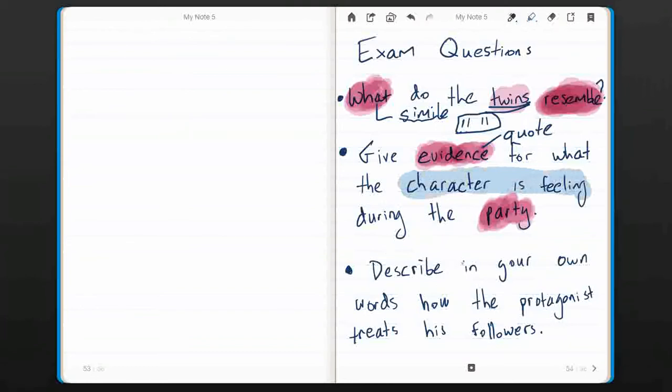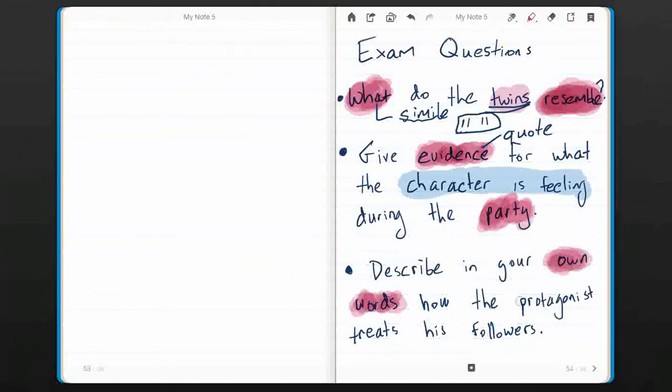The next one says, describe in your own words how the protagonist treats his followers. There are a few things we should remember about this. It says in your own words. That's the first thing, okay? So if you did use speech marks and you thought that was okay, you were wrong. You should use your own words. So sure, you can find what the text says about the protagonist and his followers, but you have to change the way it's said, use your own vocabulary.